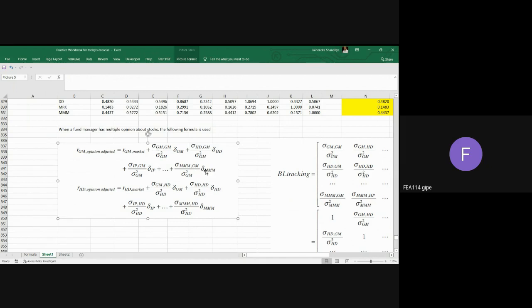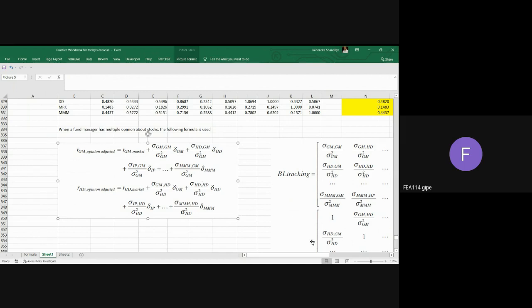So the formula changes like this. Similarly, if I'm going to calculate HD, then the return of HD is what we did previously. But in the previous case, if you remember, there was nothing like delta HD. They were all 0. So there was no need to use all these formulas. So what we were doing is basically calculating this one.